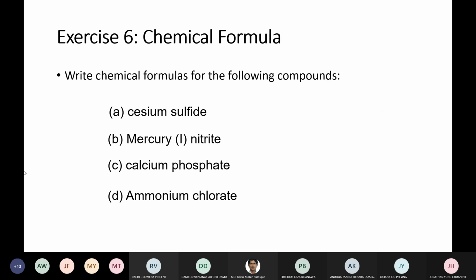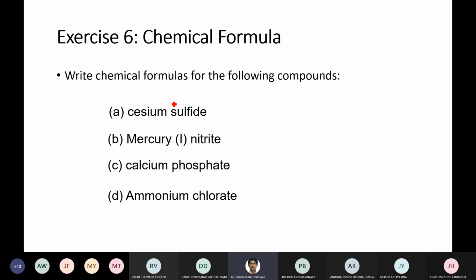All right. Okay, so now we move on to the chemical formula. We already have seen what ions are formed and what metals we can expect from where on the periodic table, right?